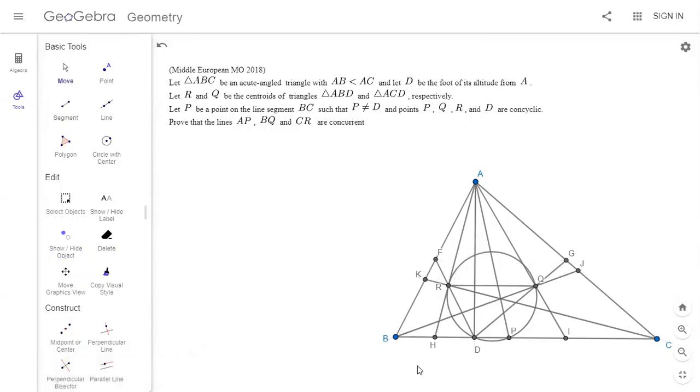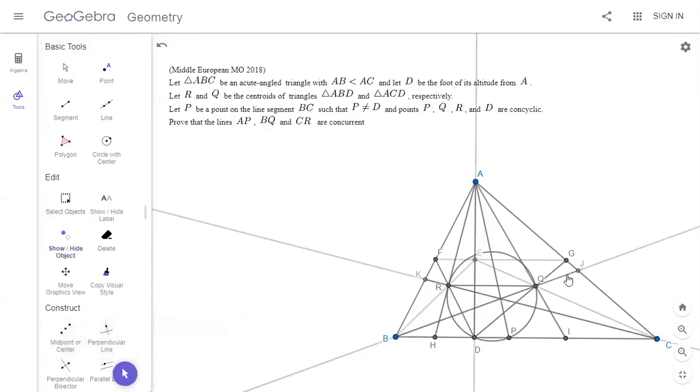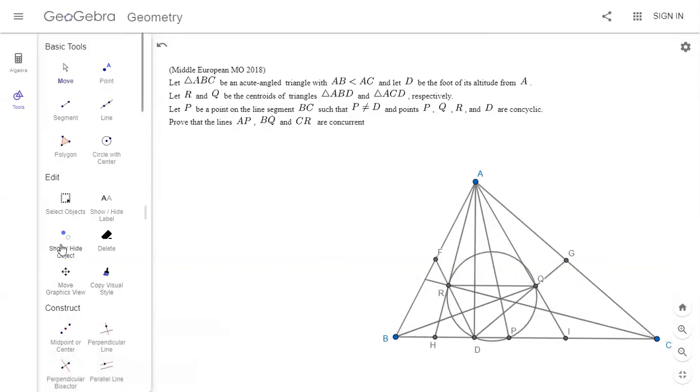So in fact, did I even need this? In fact, I think the problem is true more generally. Well, okay, yeah, I needed that QR is parallel to BC. Okay, and I needed that. So yeah, I don't need points J and K. It is fun removing lots of stuff in the figure.